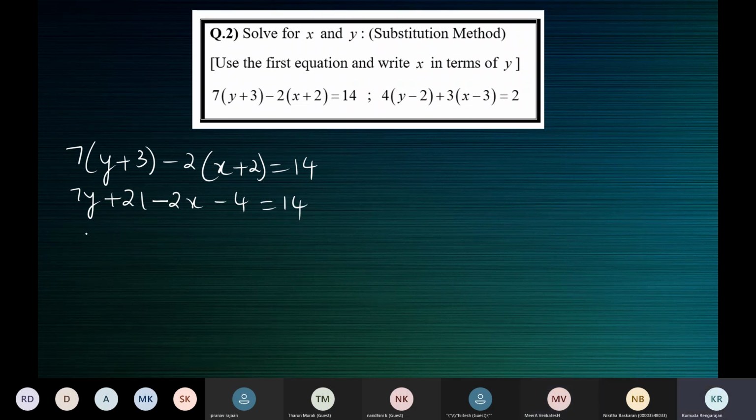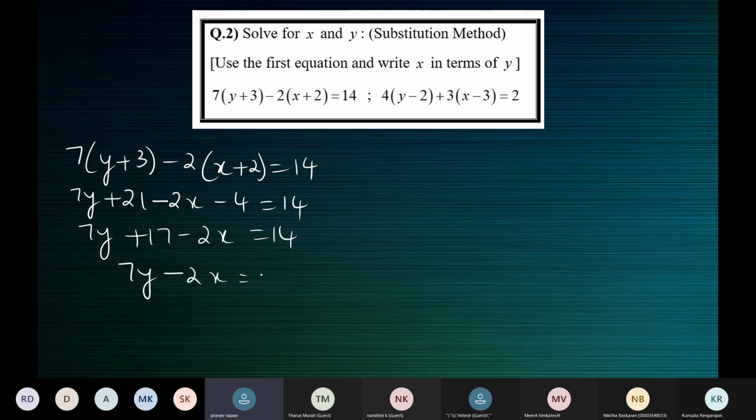Write the x term first. 7y plus 17 minus 2x is equal to 14, ma'am. Okay. Next. 7y minus 2x is equal to 14 minus 17.